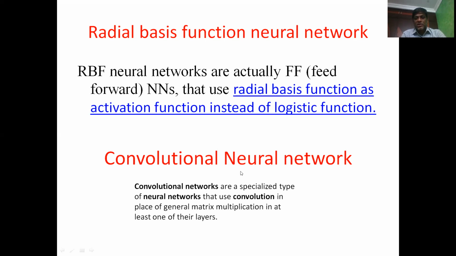We don't have convolutional neural networks in our syllabus, so just understand that they exist. If anybody is interested, you can learn them because they are essential in designing applications of image processing.